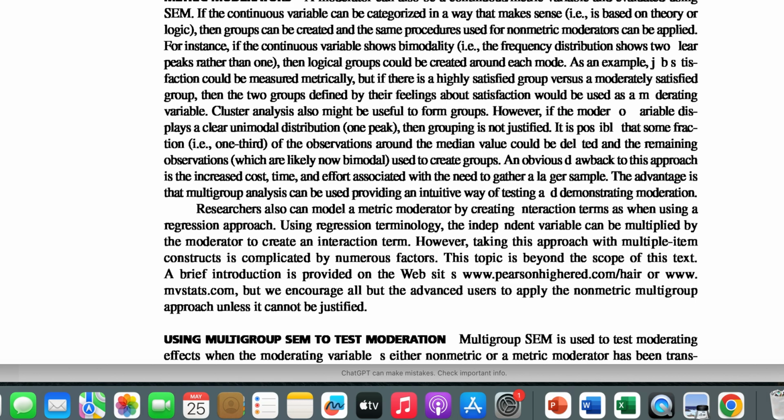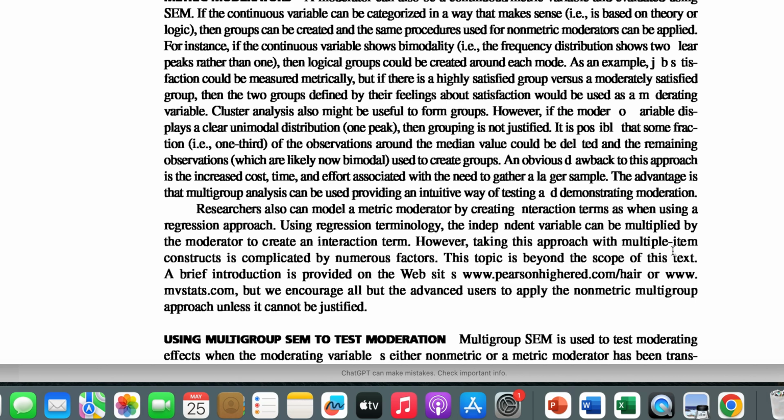Researchers can also model metric moderators by creating interaction terms as when using the regression approach. Using regression terminology, the independent variable can be multiplied by the moderator to create an interaction term.